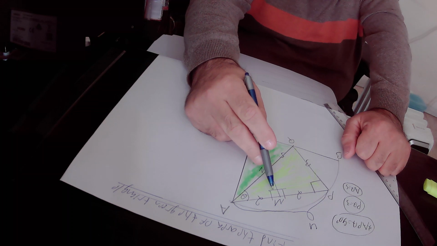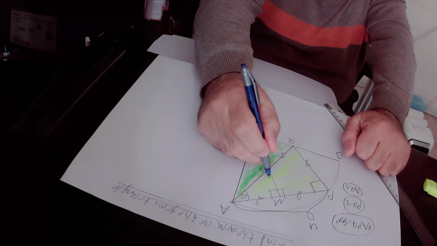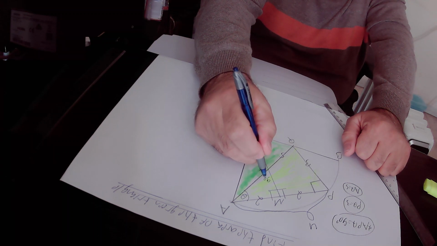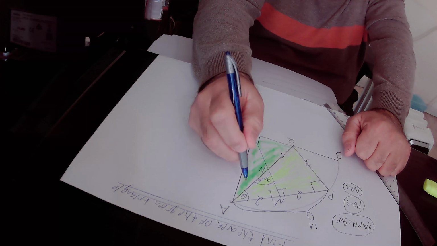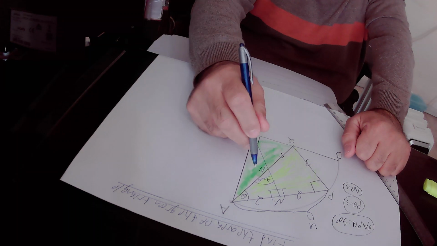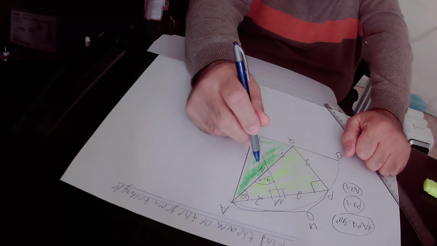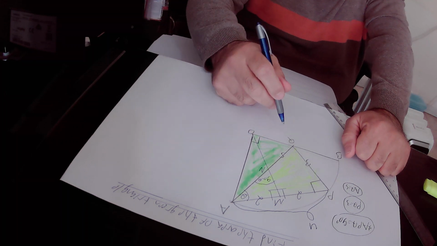This angle equals 90 degrees. Therefore, the missing angle must be equal to 90 degrees minus theta. Why? Because 90 degrees minus theta plus theta is 90 degrees, and 90 degrees plus 90 degrees is 180 degrees, exactly according to the rule that the sum of the angles in any triangle is equal to 180 degrees.